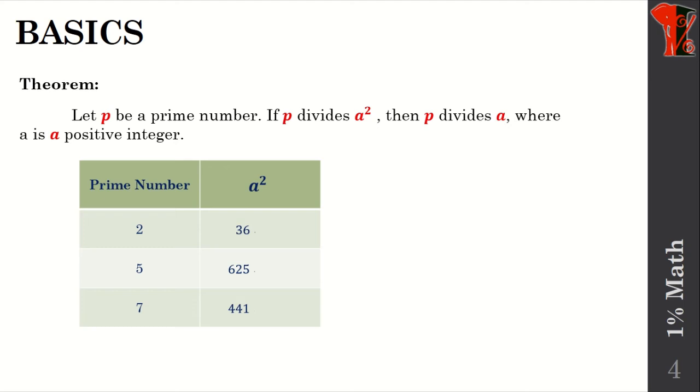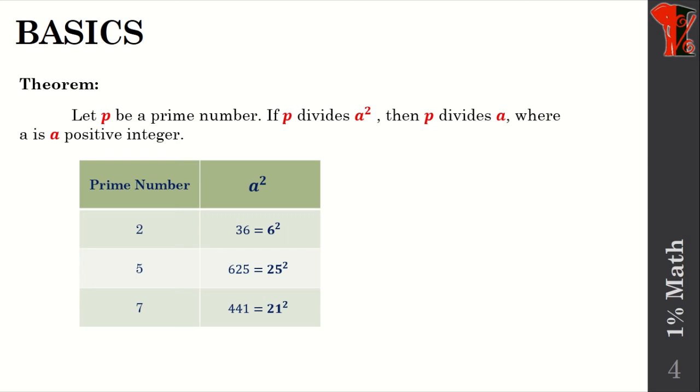So we can divide 36 by 2, and we can divide 625 by 5 and 441 by 7. As you look closely, 36, 625 and 441 are perfect squares. Correct? 6 square, 25 square and 21 square. That is the first statement.